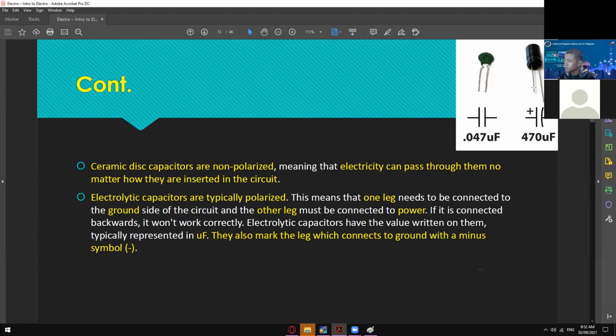But for the polarized one, you have to follow the connection strictly. Like this one is for negative and this one is for the positive. Because if you connect this one the other way around, then this capacitor will not work, or it will not permit the current to flow through it.